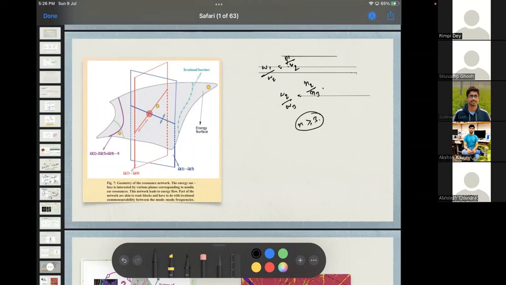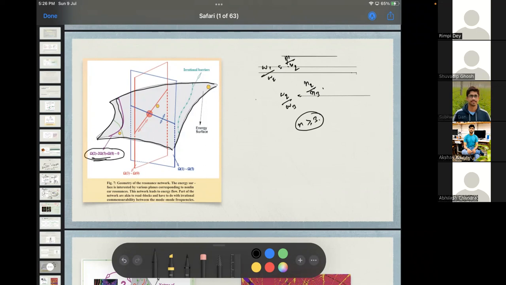Okay. Now for a particular energy hypersurface, let's say this is an energy hypersurface, constant energy. Now for different resonance regions, let's say this resonance, omega 2 minus 2 omega 5 plus omega 8 equal to 0. Three modes are interacting with each other, or are in resonance, in this particular fashion.